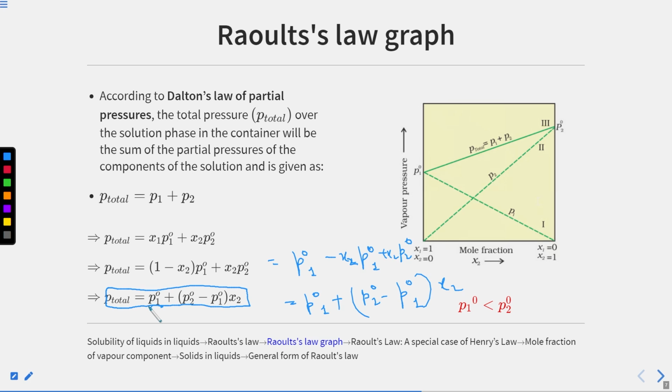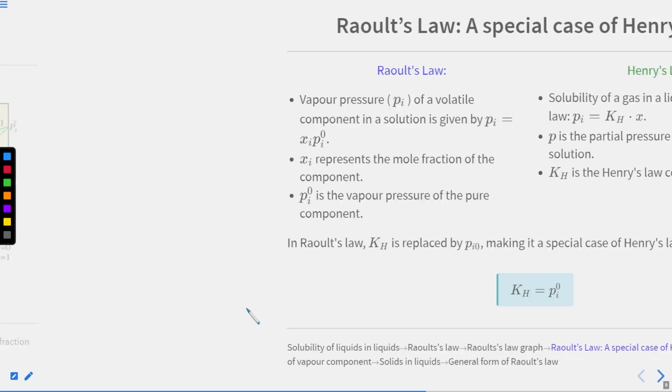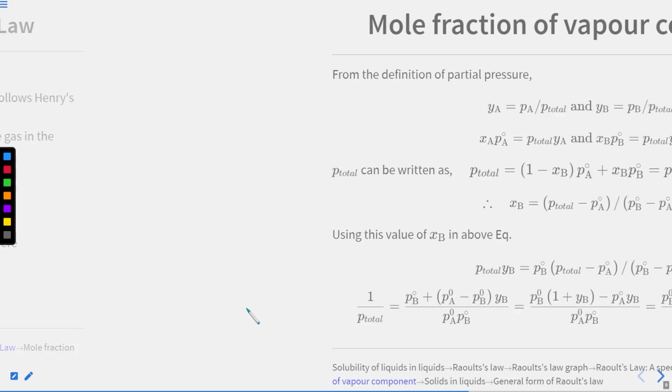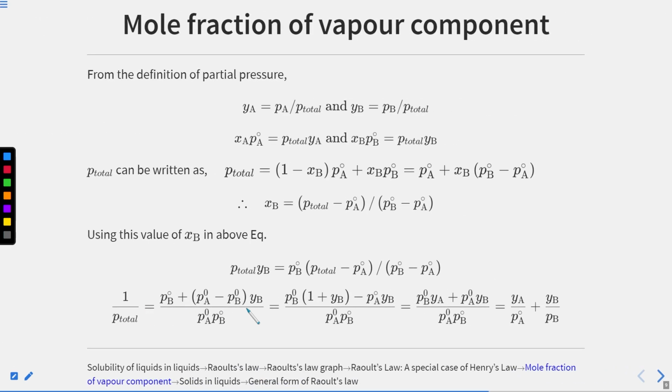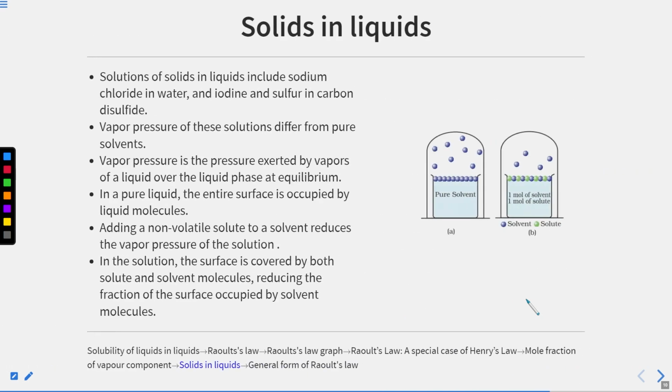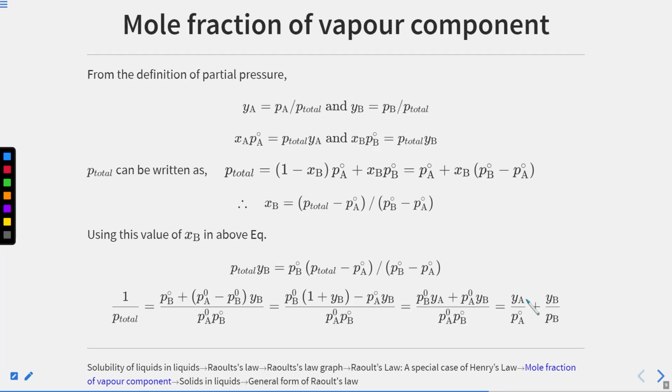The first one is for P total, which is P01 plus P02 minus P01 x2. Then we have this important formula here, which says that 1 by P total is equal to YA by P0A plus YB by P0B. We can have YC by P0C.